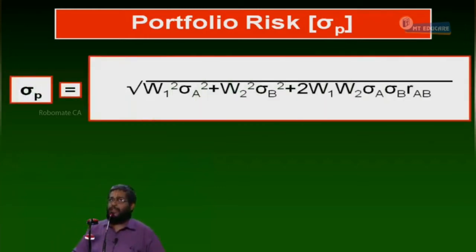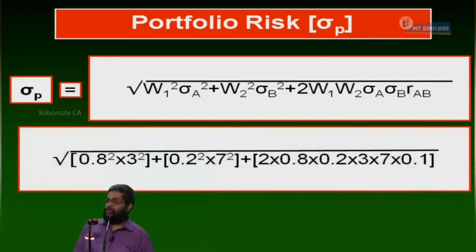Sigma P is equal to, write the formula first: square root of W1 square sigma A square plus W2 square sigma B square plus 2 W1 W2 sigma A sigma B correlation of A and B.